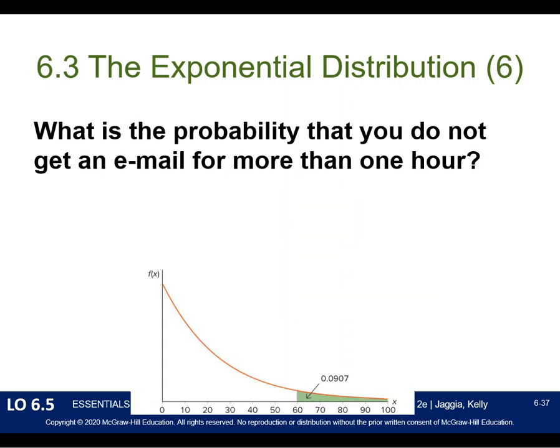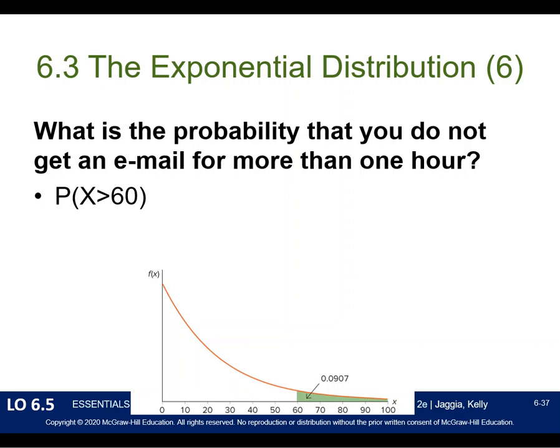So here we're told, what is the probability that you do not get an email for more than an hour? Looking at our graph, we're looking at that green area. What is the probability that it is more than 60 minutes before we get an email? So in that case, we're calculating the probability that X is greater than 60. Well, remember in Excel, we're always calculating less than or equal to.